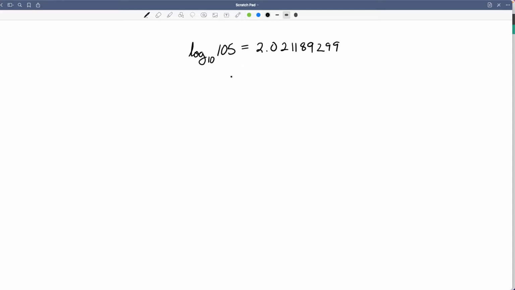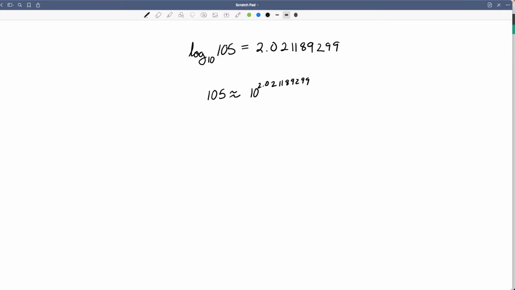So technically, 105 is approximately equal to, and we say approximately equal to because we rounded this number, we stopped it at this last 9, 10 to this power right here. So you can see why you wouldn't want to write that as an exponent.